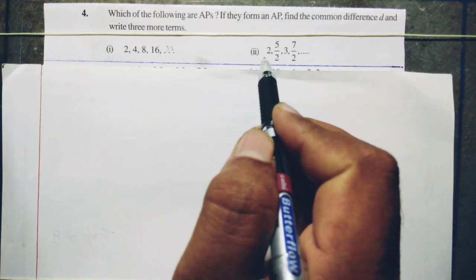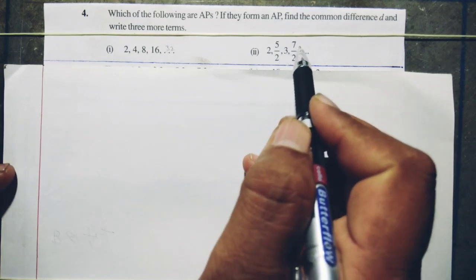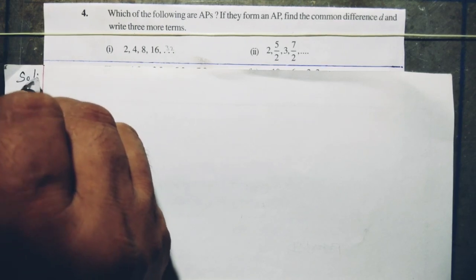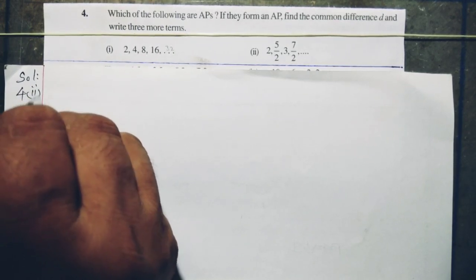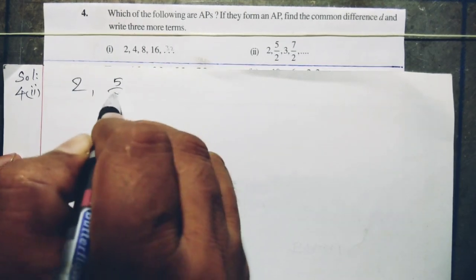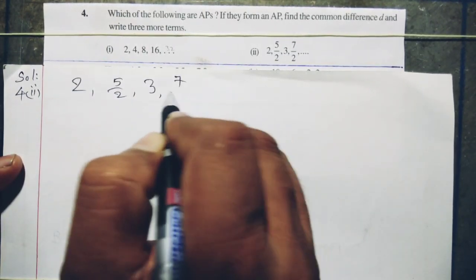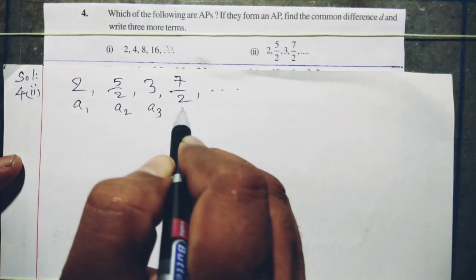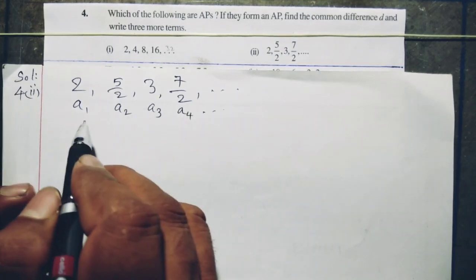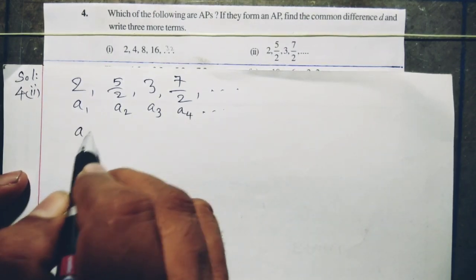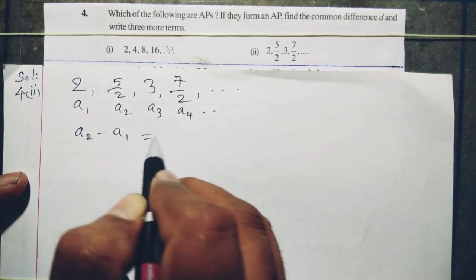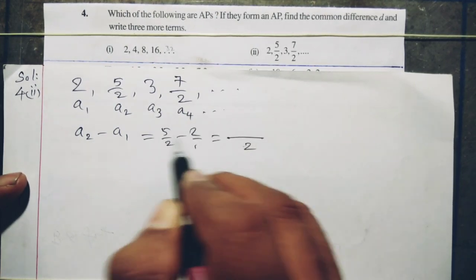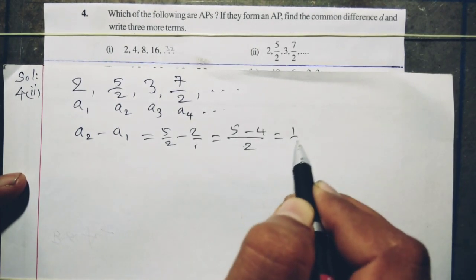Fourth bit, second problem: 2, 5 by 2, 3, 7 by 2 and so on. Solution for fourth bit, second problem. Given 2, 5 by 2, 3, 7 by 2 and so on. This is the first term, second, third, fourth and so on. A2 minus A1 is equal to 5 by 2 minus 2. 2 is the LCM: 5 minus 4 is 1 by 2.